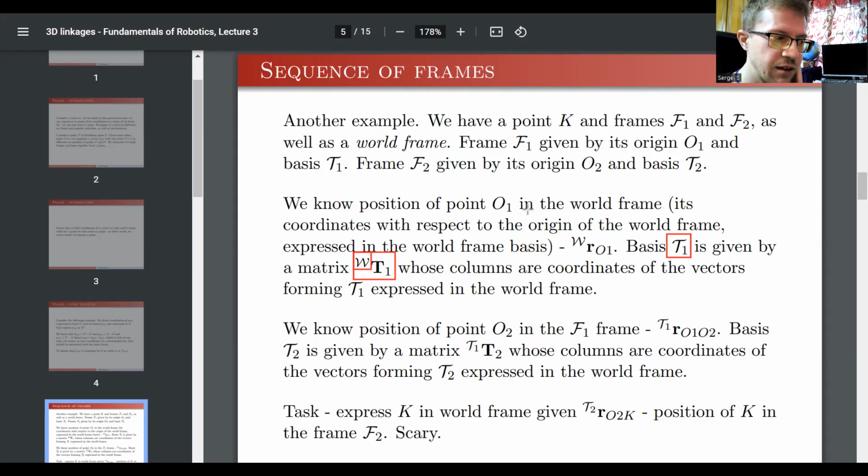Why can we say that? Well, it will be clear, I think, from derivation later. But intuitively, you can think about it this way. You have some world frame, and you have another frame which says this frame has to be turned by T1, kind of like this, right? That's what T1 essentially says. And the reason why it is relative is because of this omega.